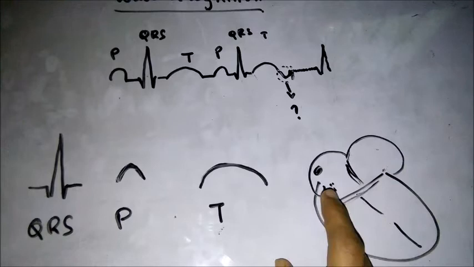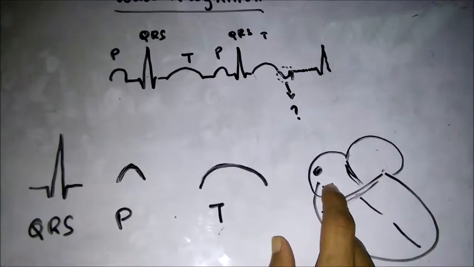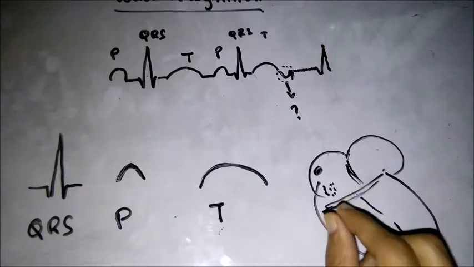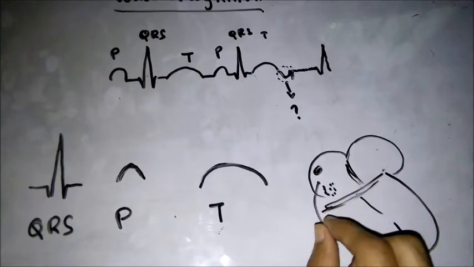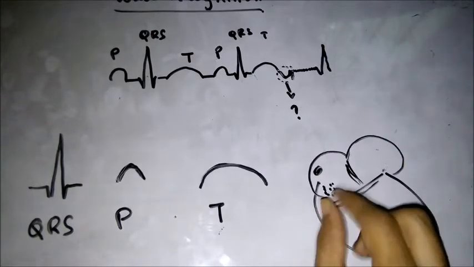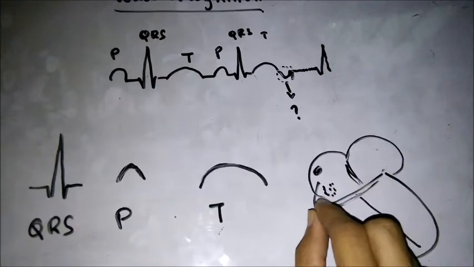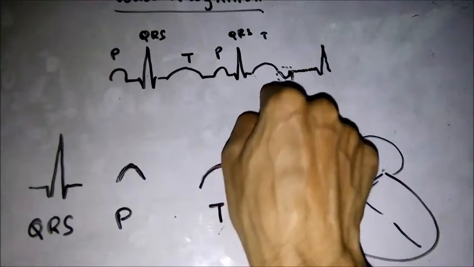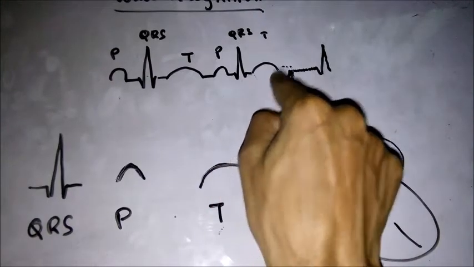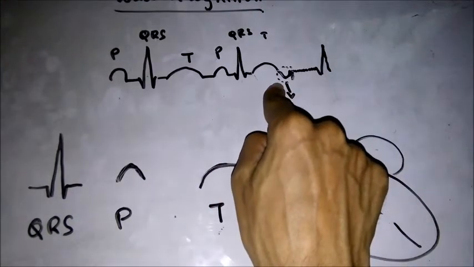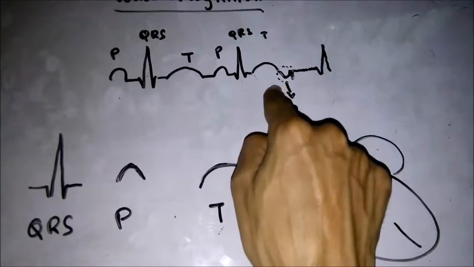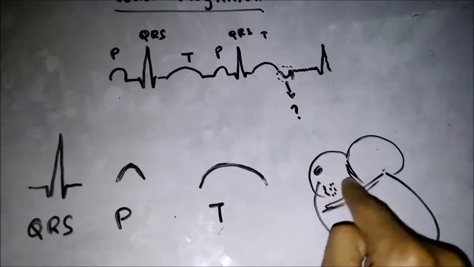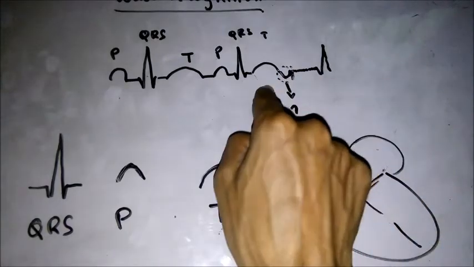But sometimes you might have an ectopic area in the heart which starts to produce its own electrical activity, and this might produce an abnormal looking P wave. You can see that this P wave is actually upside down, which means that it is not coming from the SA node, it's coming from somewhere else, and because of that, it's abnormal looking.